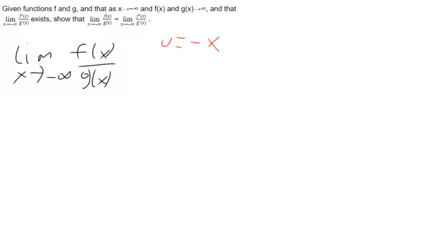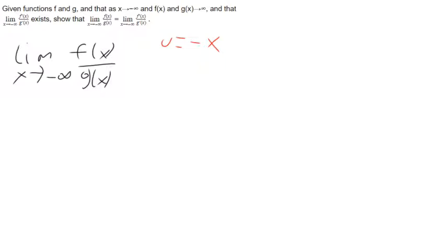So we have the limit as x approaches negative infinity of f of x over g of x. And this time we're told that as x approaches negative infinity, these function values are approaching positive infinity. So I'm going to, again, make a substitution. This time I'm just going to let u equal negative x.